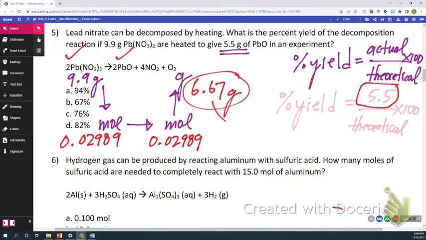So that's the theoretical. Okay, 5.5 divided by 6.67 times 100, 82%. What is your percent?